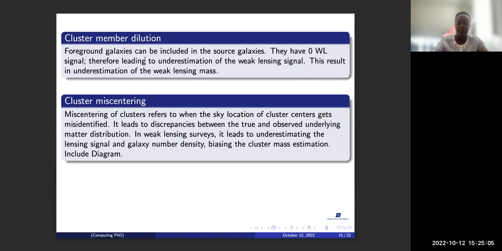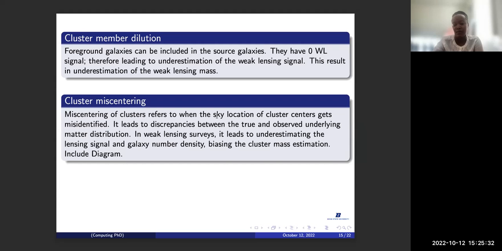Cluster miscentering refers to when the sky location of the cluster center gets misidentified, meaning the center of the cluster is not in the correct location. This leads to underestimating the weak lensing signal, and underestimating the weak lensing signal leads to underestimation of the cluster mass.